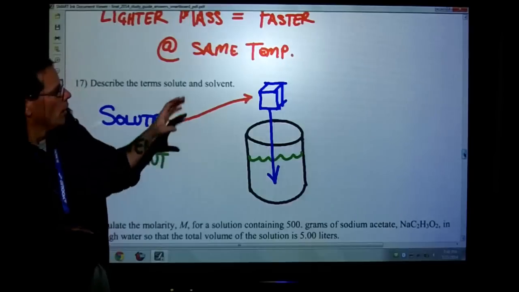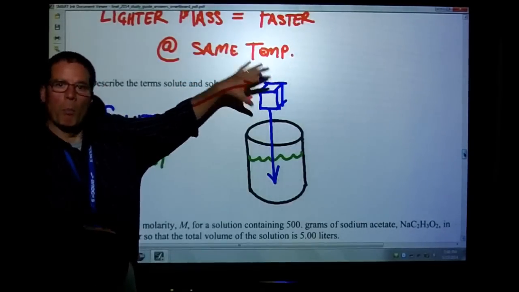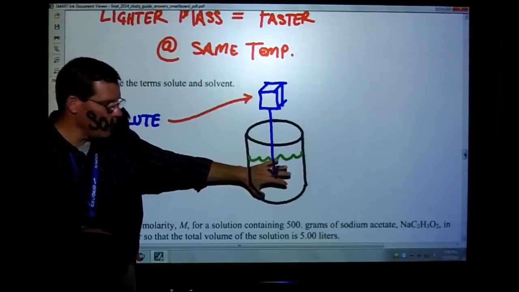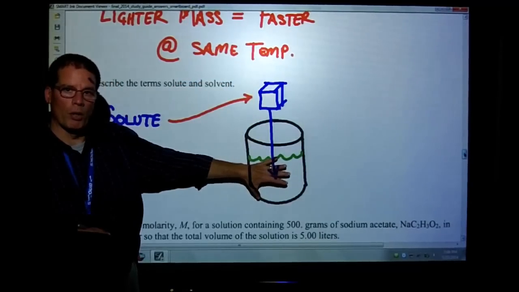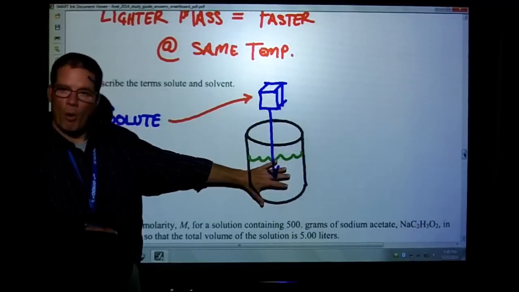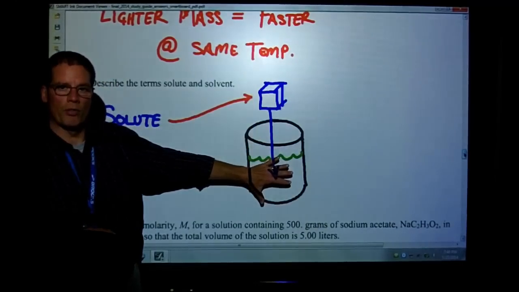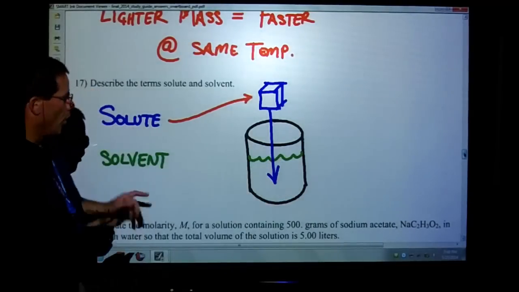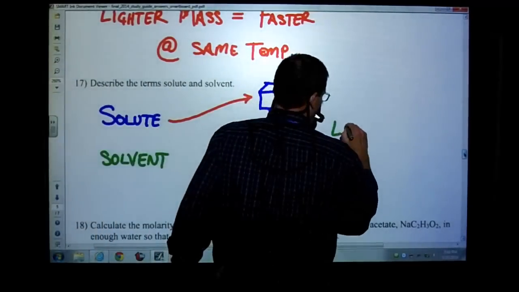In other words, if this is a polar compound or a polar solid, it has to be dissolved in a polar liquid. If this were nonpolar, this polar liquid would not dissociate or dissolve this substance. So remember, like dissolves like.